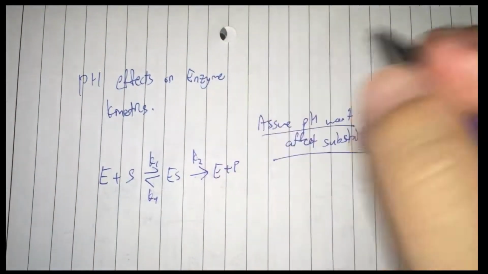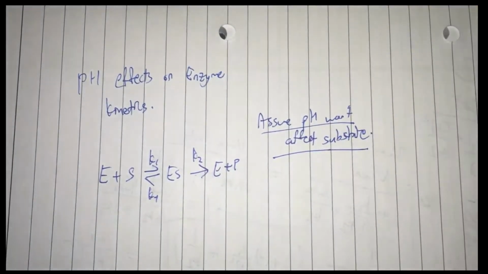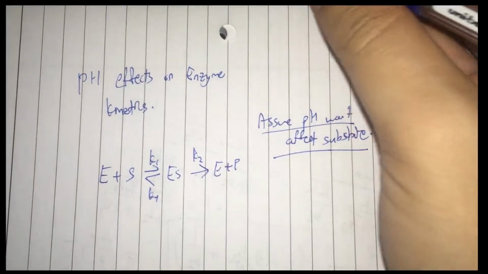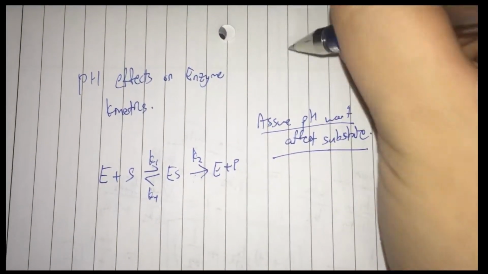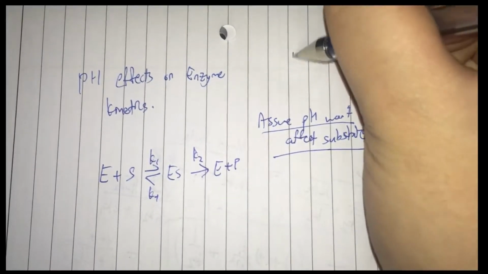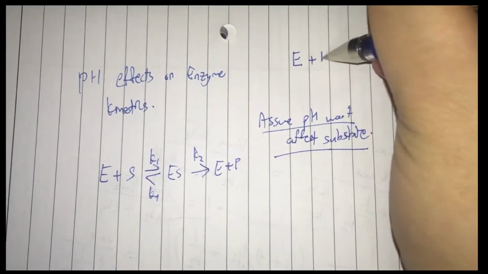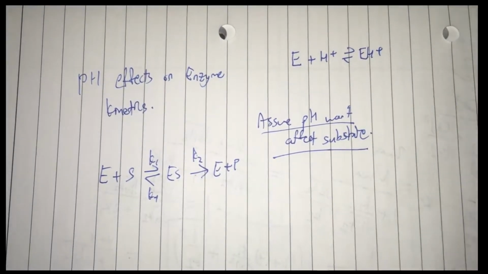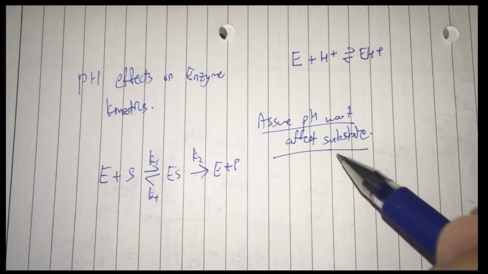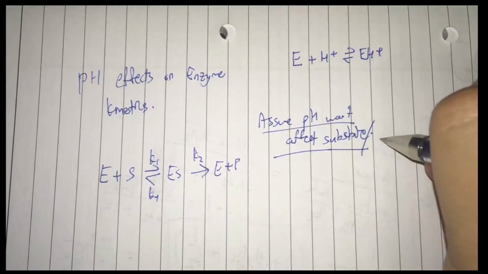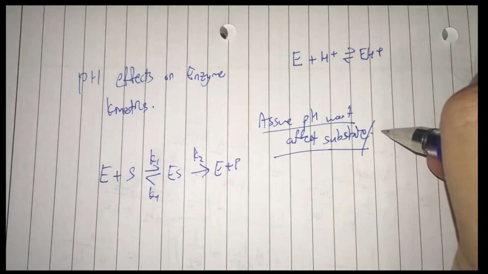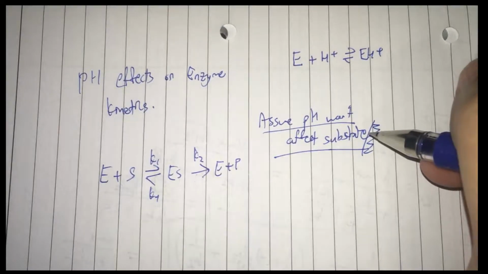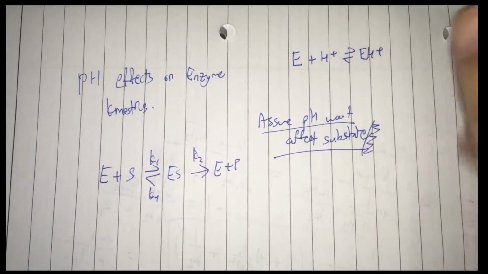Anyway, if pH is going to affect the enzyme only, then we will have this case. So E plus H+ becomes EH+.